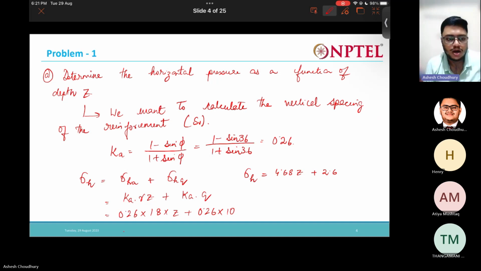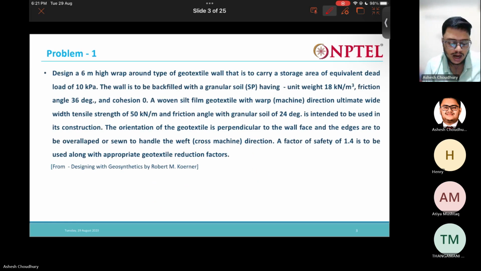Now see, we are given this ultimate tensile strength. The ultimate wide width tensile strength is given to us. Now from that, we need to find out the allowable tensile strength, right?